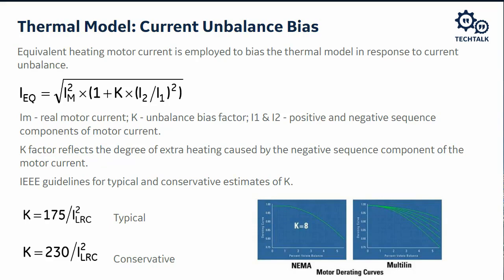And the typical values that are recommended are either 175 divided by the square of the locked rotor current, where the locked rotor current is expressed as a multiple of full load amps. So in other words, that's not where I show locked rotor current squared there, that's not something like 3,000 amps or 100 amps or whatever squared. That is a number more like 6.5 because locked rotor current's 6.5 times full load amps.